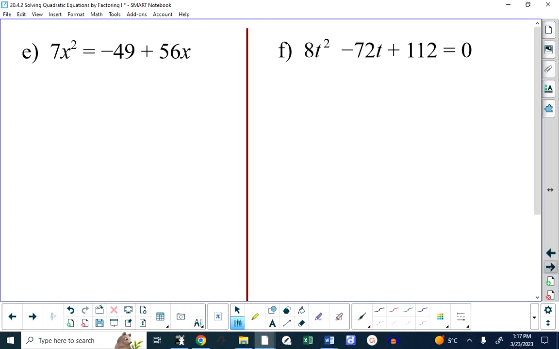Okay, well, these are quadratic, definitely. They're a little bit more complicated. We're going to zero the equation first and get 7x squared minus 56x plus 49 equals 0. Let that percolate in your brain and make sure you understand how I'm getting that equation.